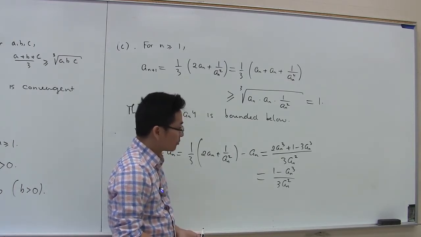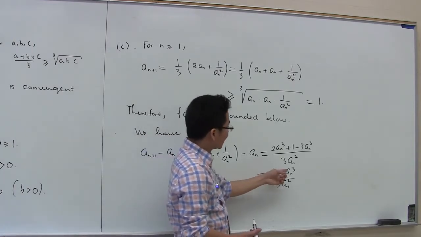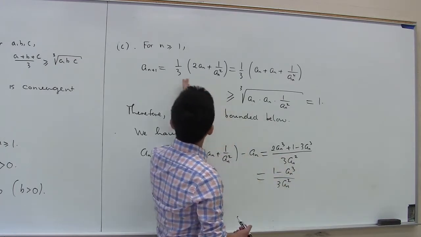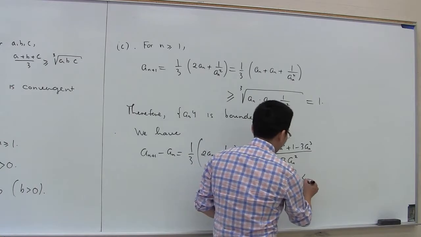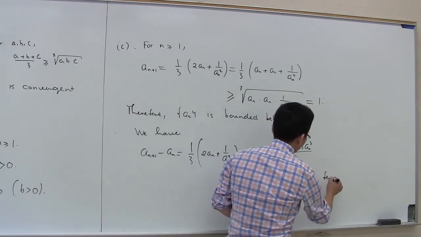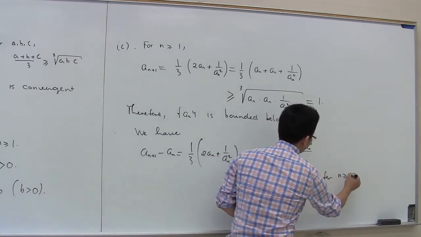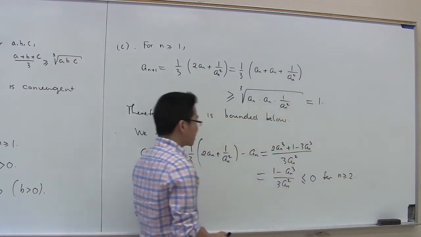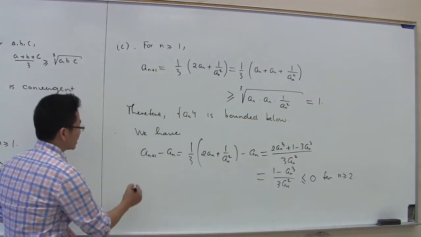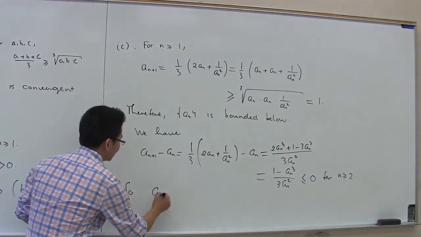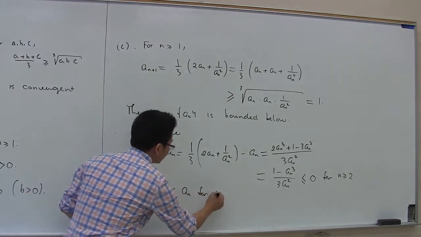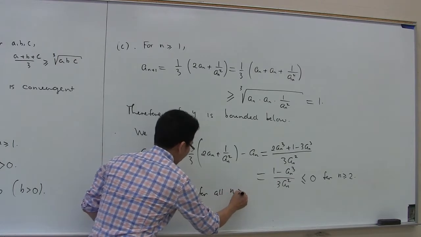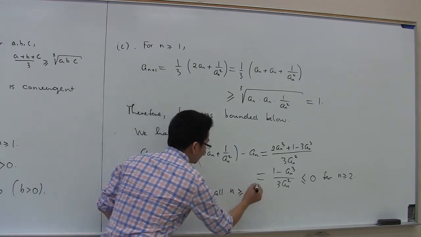So starting from 2, we see that an to the third is always greater than or equal to 1. Therefore, this is always less than or equal to 0 for n greater than or equal to 2. Okay. So from here, we will see that a(n+1) is less than or equal to an for all n greater than or equal to 2.